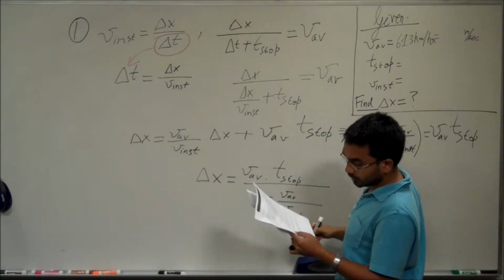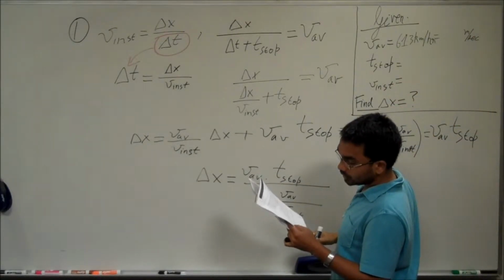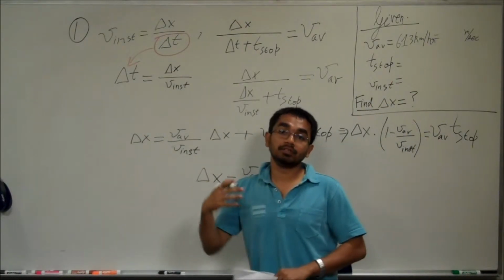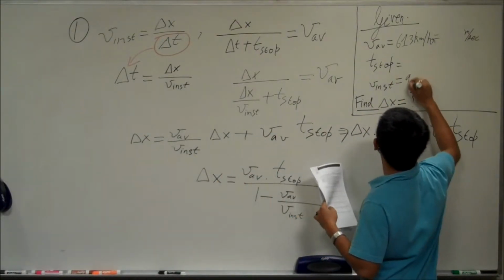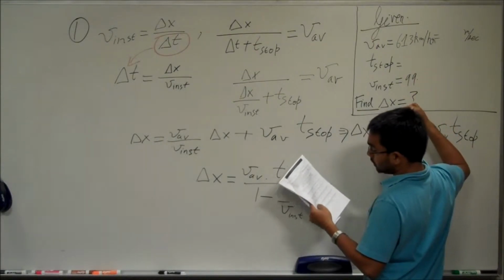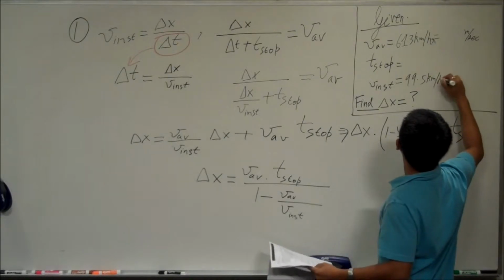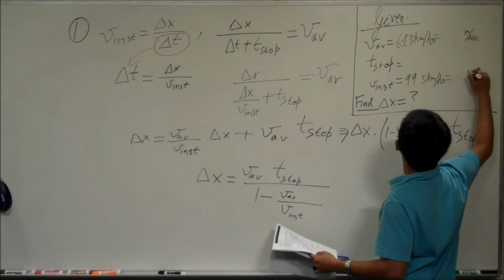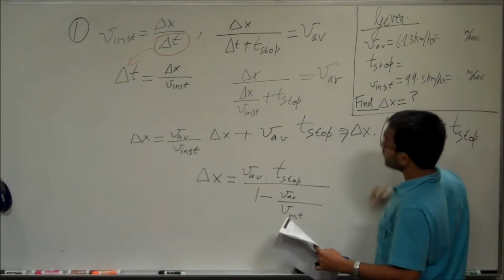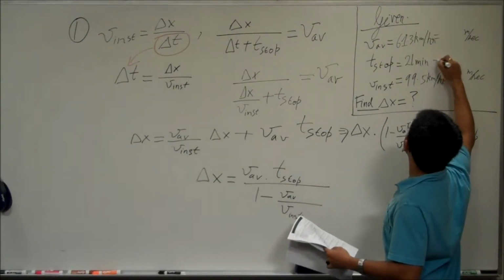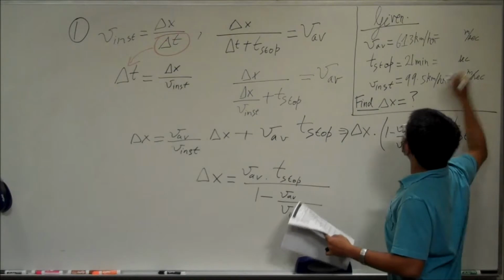Similarly, the constant speed at which he's driving, the instantaneous velocity of that person when he's driving, is 99.5 kilometers per hour. And this of course has to be converted to meters per second too. And then he stops for 21 minutes, which needs to be converted to seconds.